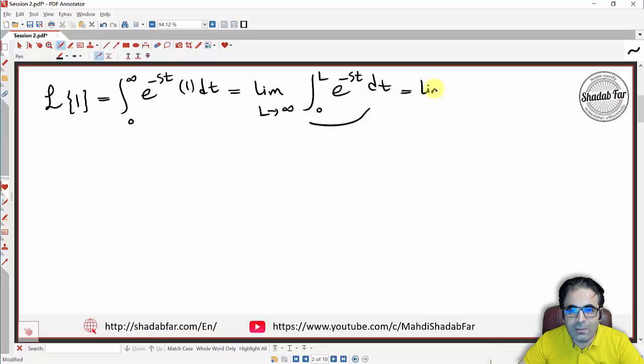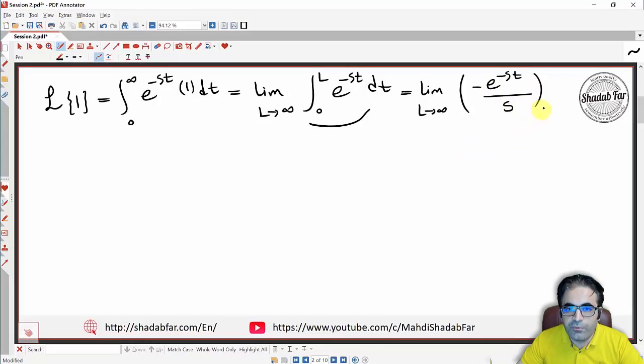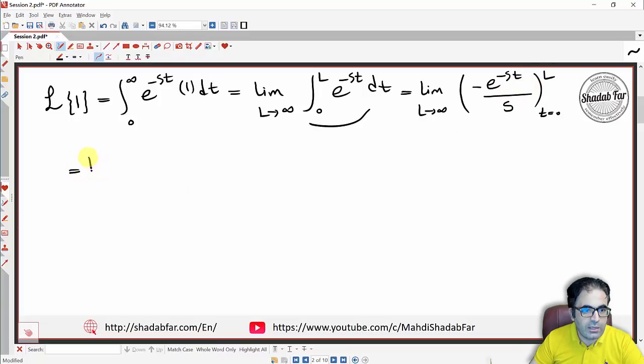Let me first put the limit here as L approaches infinity. The answer of this integral is going to be minus e to the minus st over s, from t equals 0 to L. So let us calculate it first for L. If I put L here, it's going to be minus exponential of minus sL over s.